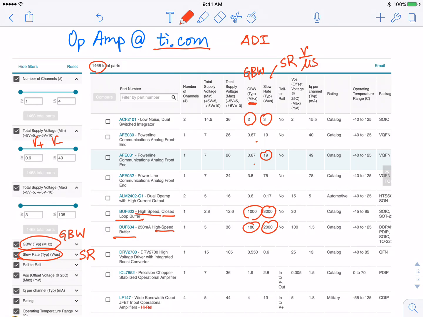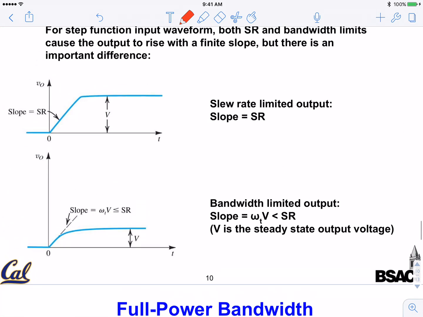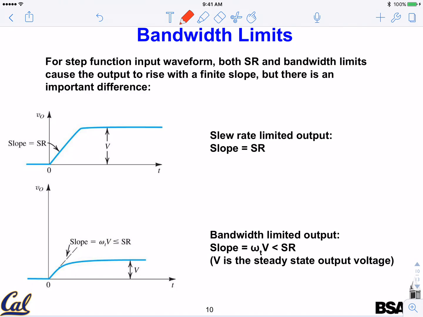Now here is an interesting question. If my input is a step function, Vi versus time, and I have a slew rate limit, we're going to have a finite slope reaching the steady state value.